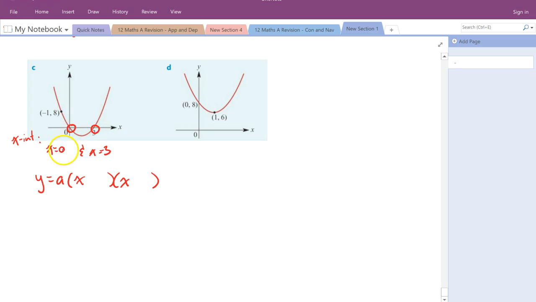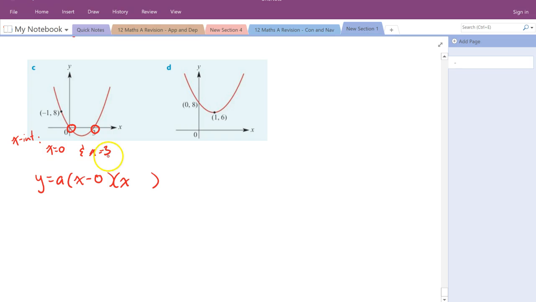I'm going to substitute this one into the first bracket. If I substitute 0 in for x, I can't have anything else in here, because otherwise this bracket won't be equal to 0. When x equals 0 in this bracket, x minus 0, the whole bracket becomes 0, and that gives us a y value of 0. That gives us a solution.